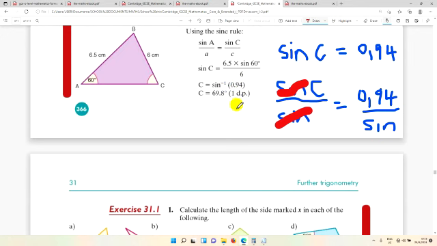If you punch this on your calculator, you will be able to get C, which is equal to 69.8 to 1 decimal place.